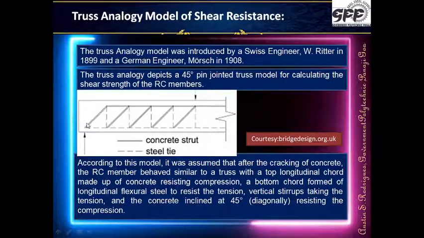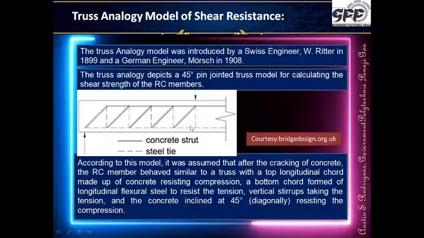Obviously this is the concrete. The concrete is forming part of the strut. So all these are in compression, and the concrete is good in compression. It takes care of this particular force which comes in the diagonal manner, and this over here would be the tension. These members are always in tension. That tension is being taken care of by the stirrups.